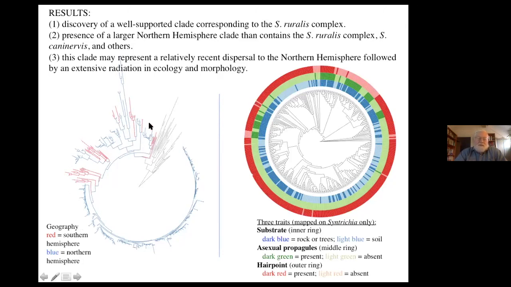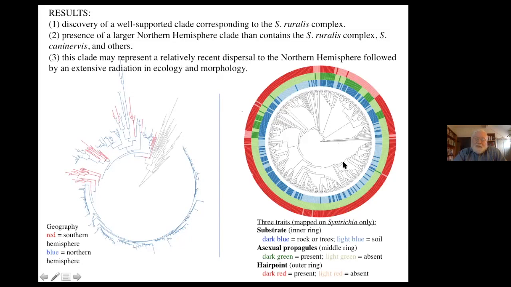Here's a Southern Hemisphere, Northern Hemisphere comparison. There's a good chance that the whole group evolved in the Southern Hemisphere, and then the incredible diversity in the Northern Hemisphere is a result of a few movements out of the Southern Hemisphere, is the way we're leaning right now. We're working intensively on getting more data. This is a very hard thing to resolve right here.